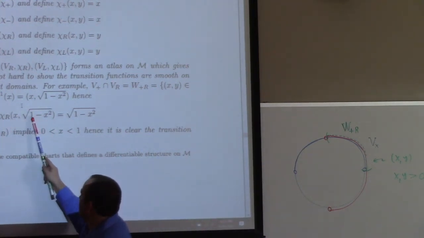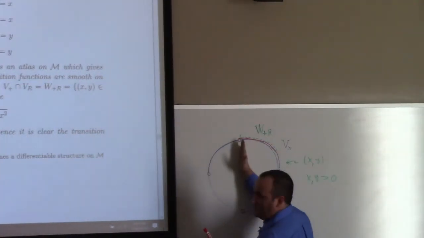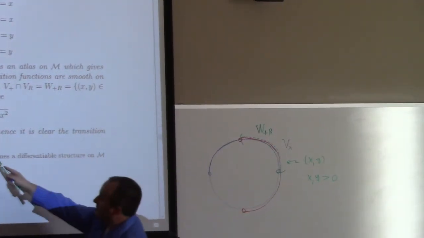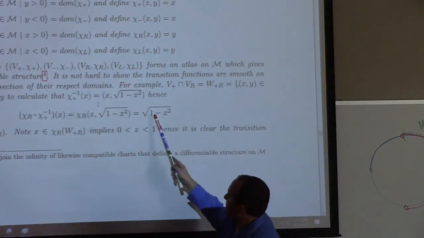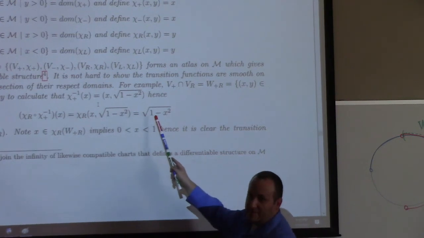And then the right map takes this and just puts it over to y, and the y here is the square root of 1 minus x squared. So then you have this mapping x goes to the square root of 1 minus x squared.